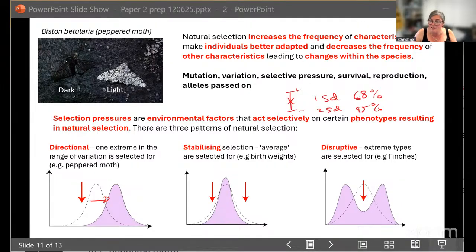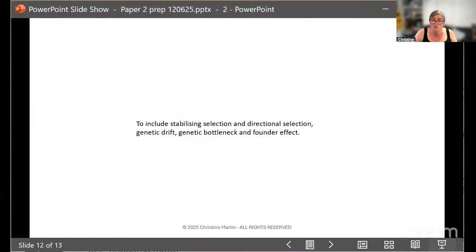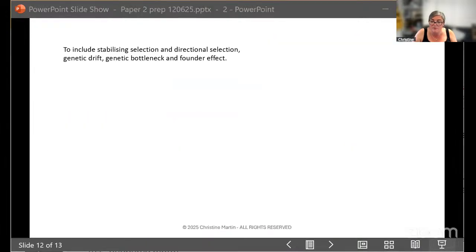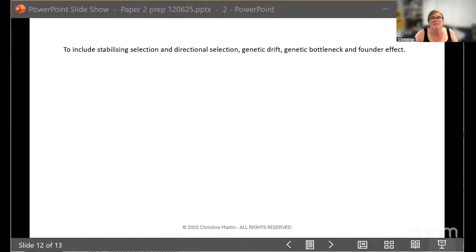Nope, you're absolutely right. It's not on with disruptive. It is actually just stabilizing and directional. You're absolutely right. Doesn't mean they won't ask the question though.